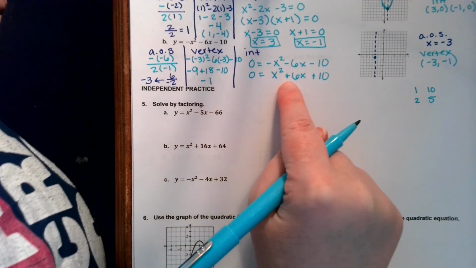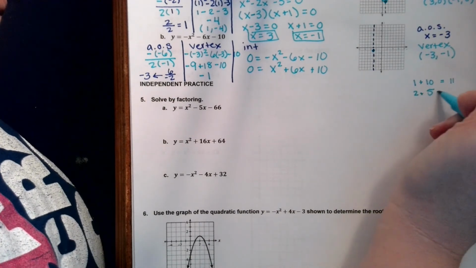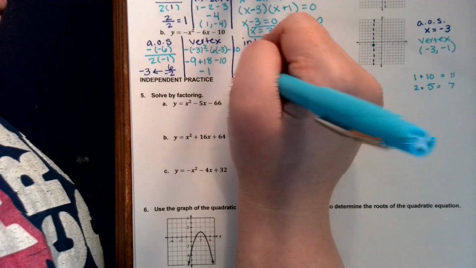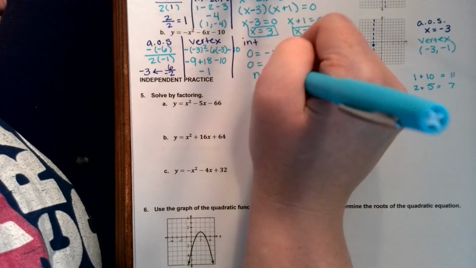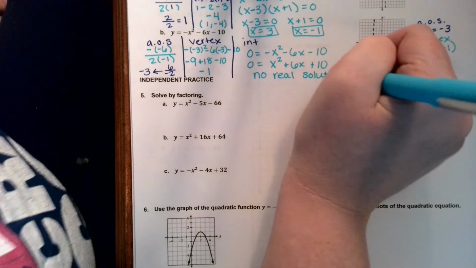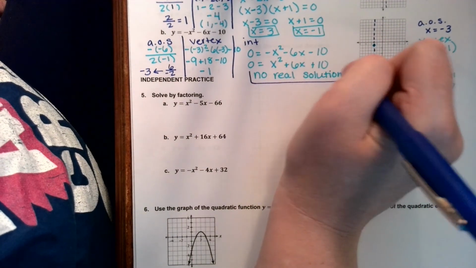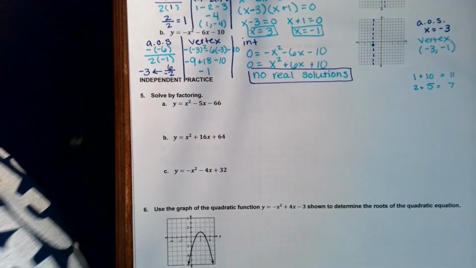They also have to add to give me 6. Well, 1 plus 10 equals 11 and 2 plus 5 equals 7. So there are no real solutions here.